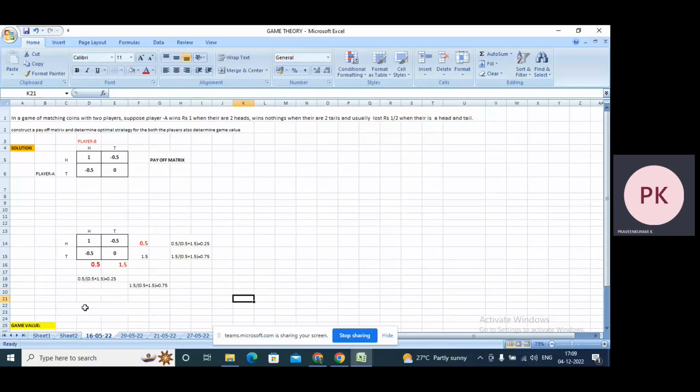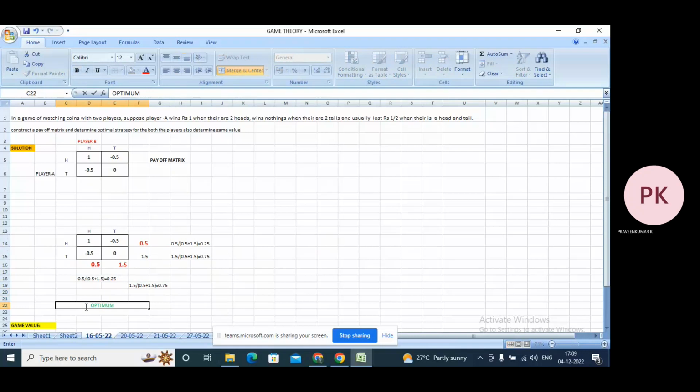Now I'll write the statement: optimum strategy for player A and player B. Optimum strategy for player A means row wise, 0.25 comma 0.75.